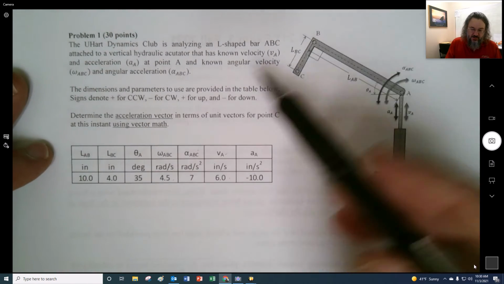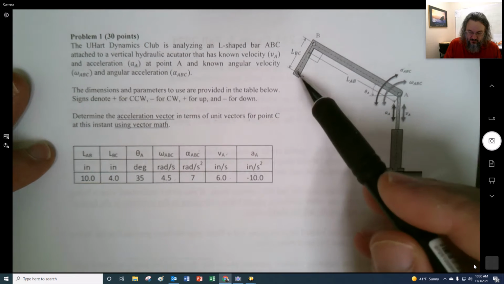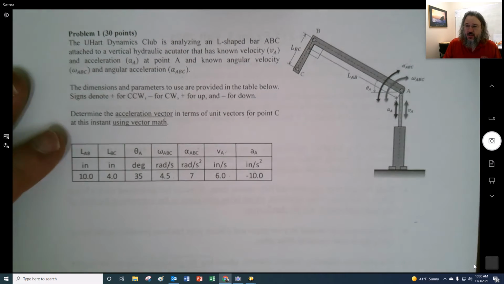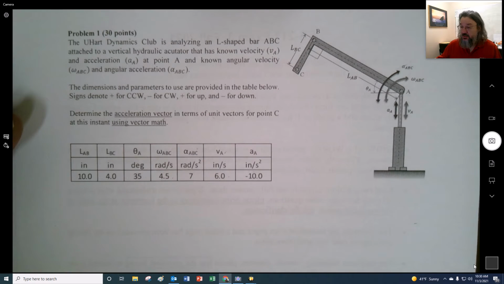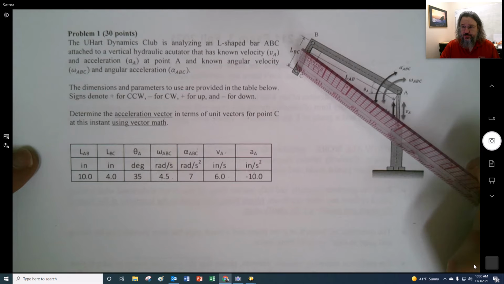And we want to determine the acceleration vector in terms of unit vectors for point C at the instant using vector math. I think the most important aspect of this problem is to have read it correctly, right? And then to look at it and observe that all we're doing here is finding the acceleration of a point, knowing the point.